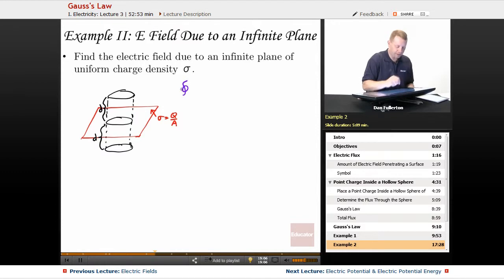Start by writing Gauss's law. The integral over the closed surface of E dot dA is equal to our enclosed charge divided by epsilon naught.